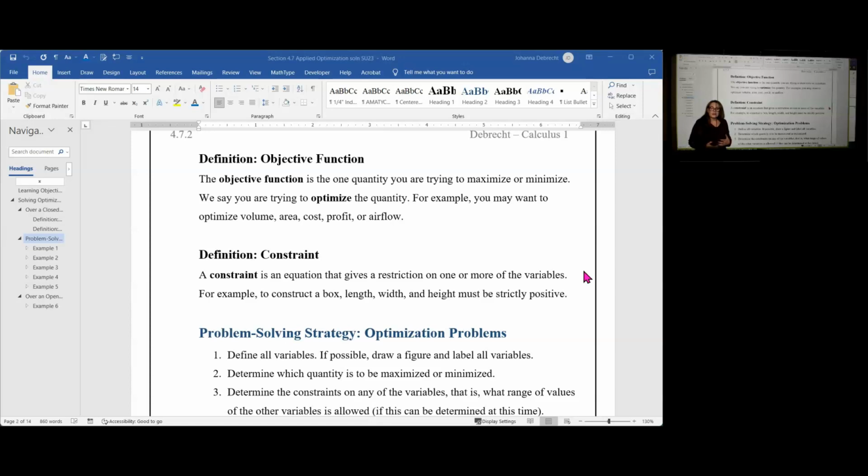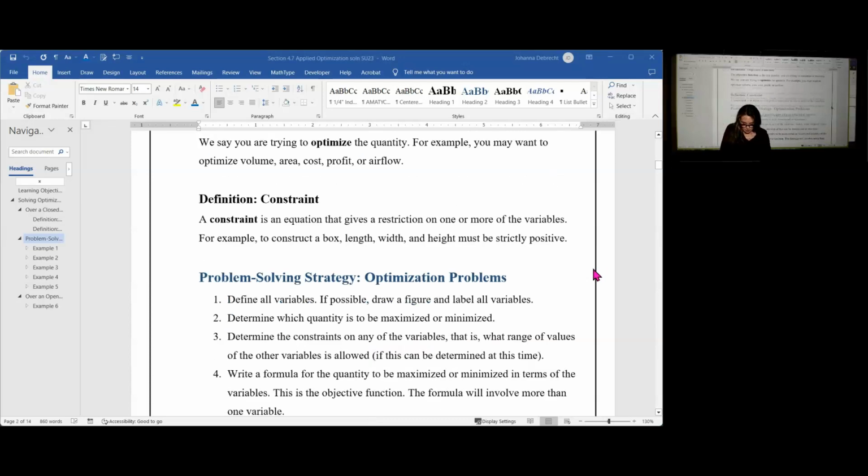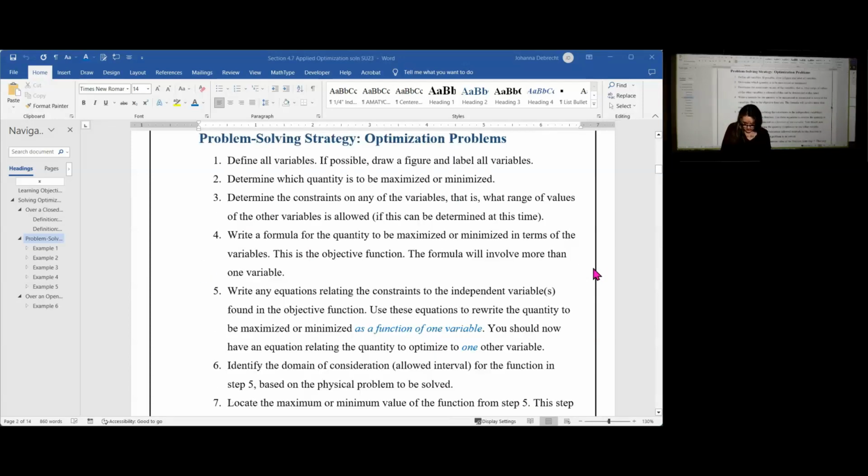In this section, we're going to follow a problem-solving strategy in order to approach these problems. Let's take a look at the first part. In step one, we're going to define all the variables. We're going to read these the same way we did the related rates problems. We'll read through one time to get a vague idea of what we're talking about.